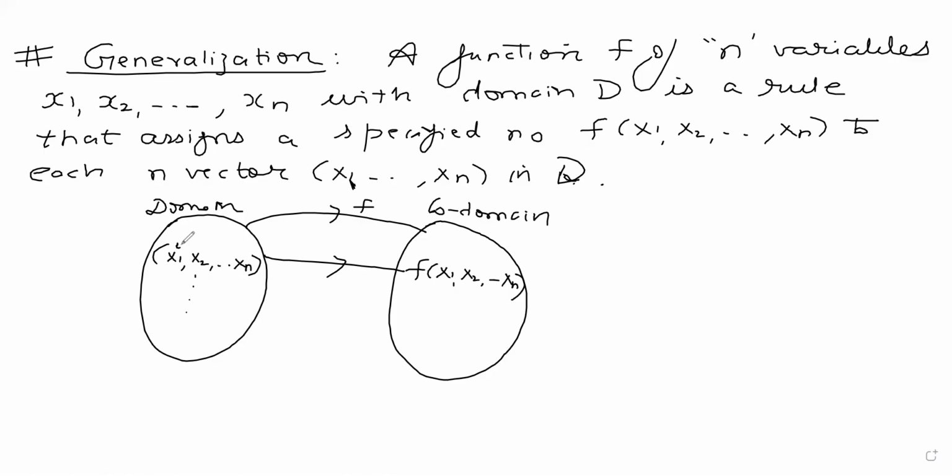You can think of it as x1 0, x2 0, xn 0. These are going to be one set of values. I can draw another set of values x1, x2, dot dot xn with superscript 1 will be mapped onto f of x1, x2, dot dot xn with superscript 1 and so on.